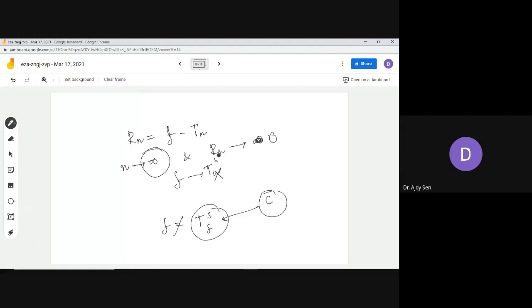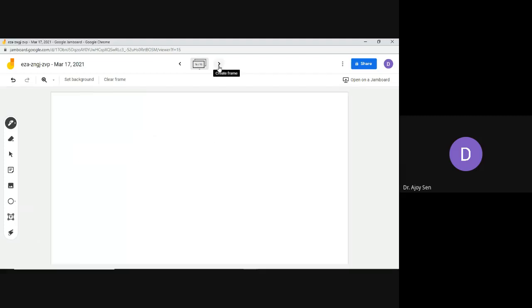So for the case of the infinite region, this is the Taylor series.